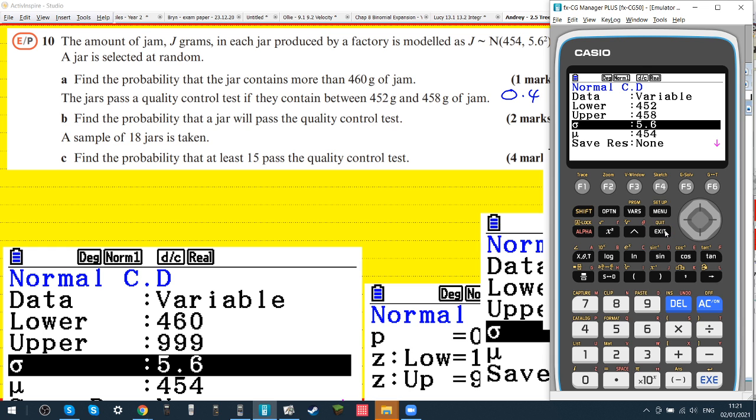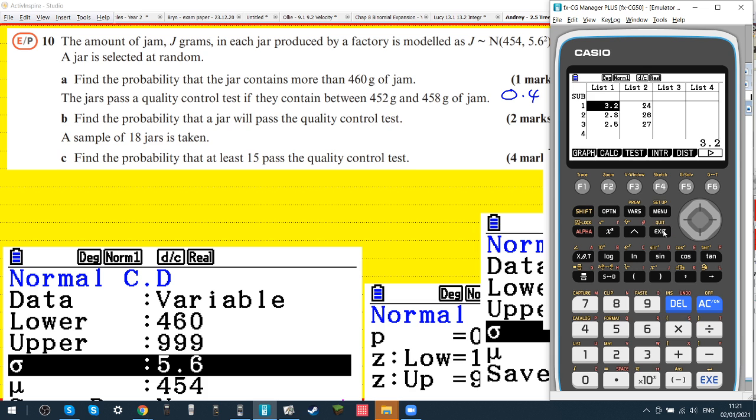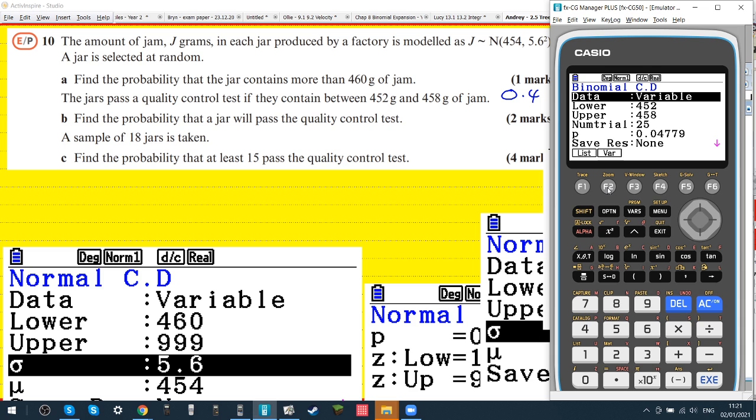I put lower 15, upper 18, number of trials 18, P 0.04. Okay. So it's probably wrong because I got 1.1. Oh no, it's not. It's times 10 to the minus 17.